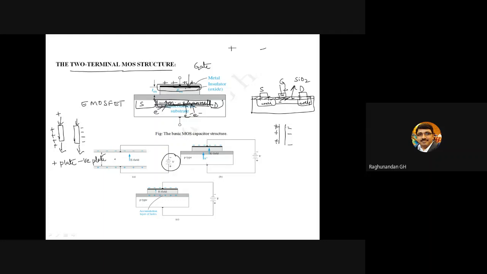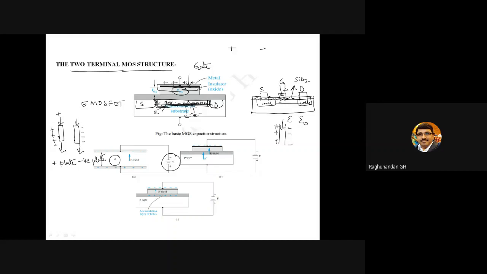The same thing here, this is with respect to the plate, and epsilon OX is the permittivity of the oxide layer. As we tell for a metallic plate, we tell the permittivity of the free space, relative permittivity, epsilon, epsilon naught, all those things which you have studied in your 12th or second PU.